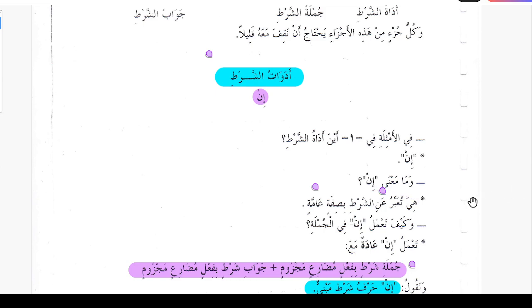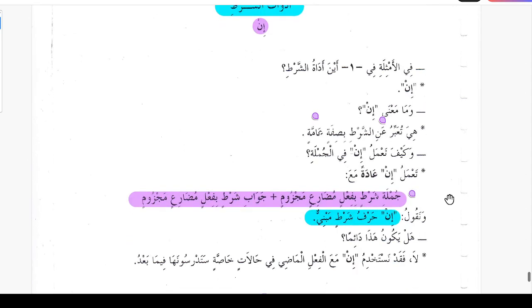Now we understand that in is the general tool for a conditional sentence. How does in work in the sentence?